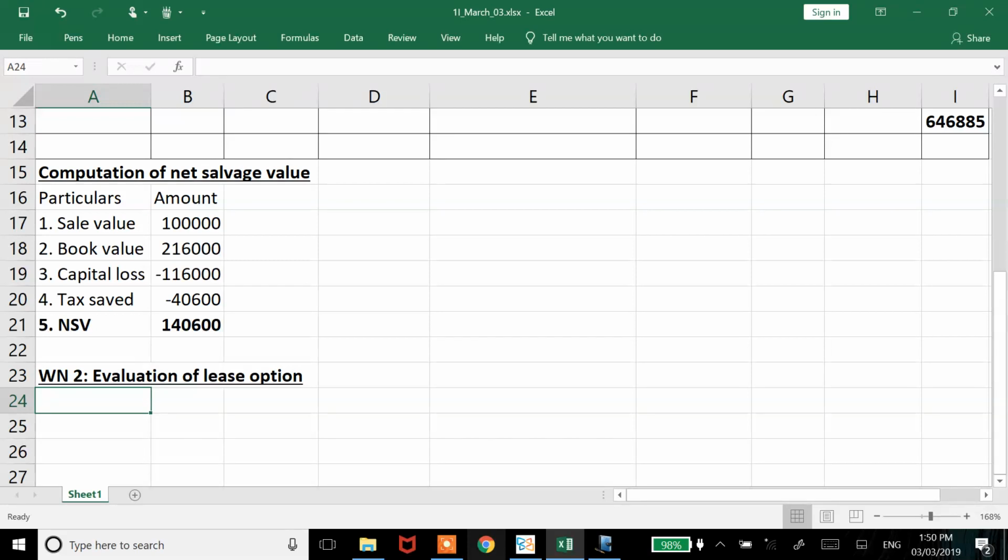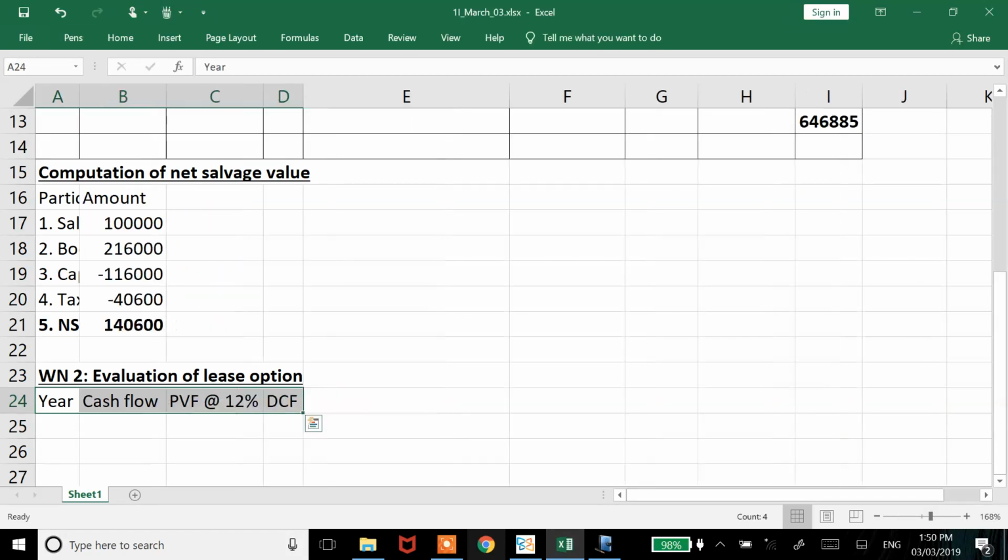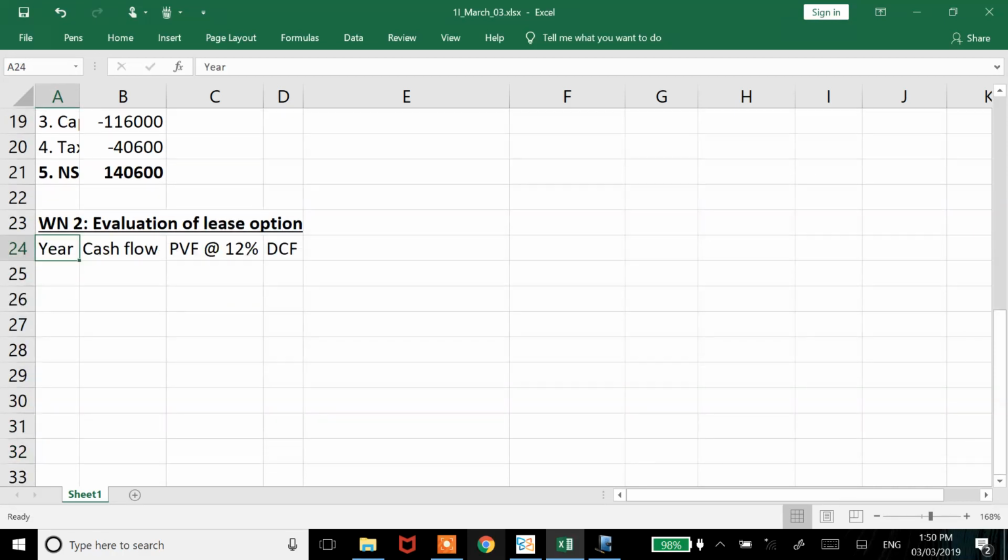Evaluation of lease option: year, cash flow, PVF at 12% and DCF. Again it will be 4 years: 1, 2, 3, 4.